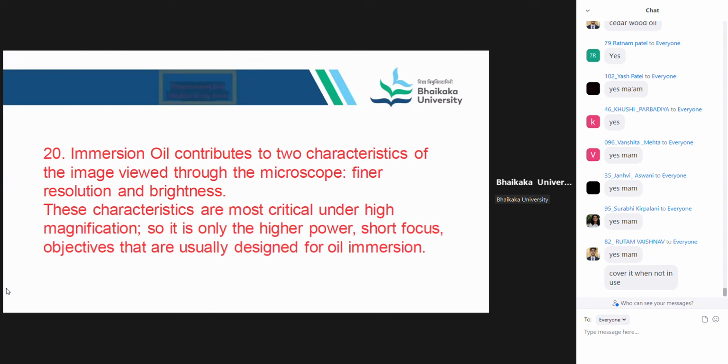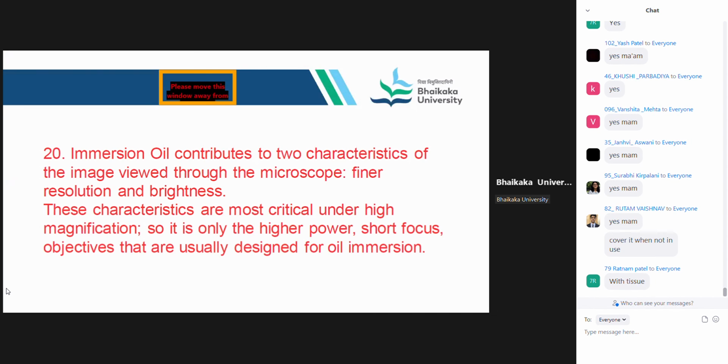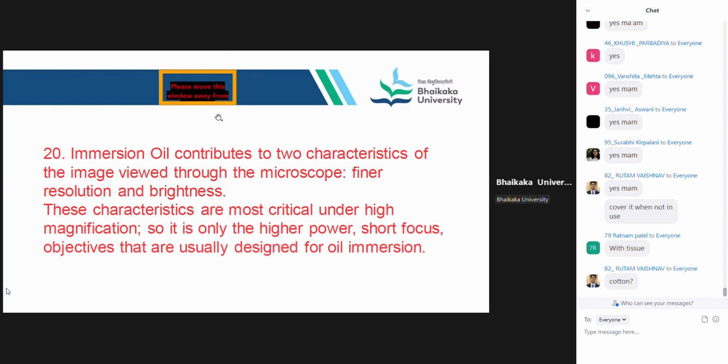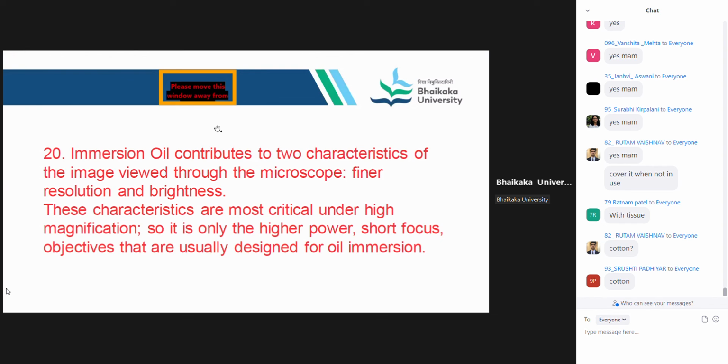How do you clean it? With your apron? With tissue paper, not with cotton. Cotton is wrong. Please use tissue paper, not only tissue. Tissue can be anything; something removed from the body is also tissue. So you cannot write tissue. It should be soft tissue paper.